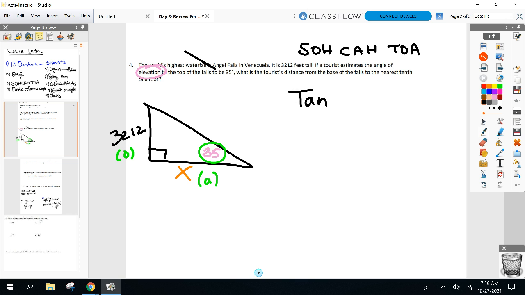Tangent, you guys want to help me out from yesterday? Tangent of my angle. Yep, tangent of the angle equals, now again, it helps you out what side to put first and what side to put second. So 3,212, opposite over adjacent.